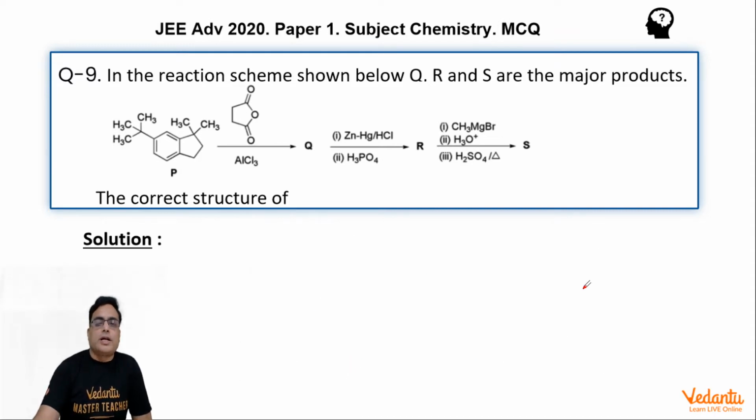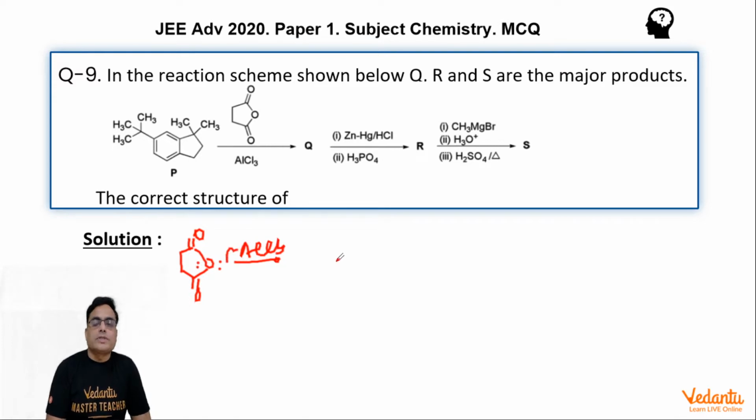Let us start. We can see that this succinic anhydride on treatment with AlCl3, which is a Lewis acid, which coordinates with the oxygen of succinic anhydride, ultimately will produce the electrophile which attacks on the benzene ring, right? So what happens?